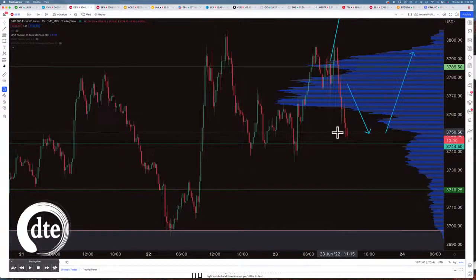And it looked like there was a solid bottom here, but I'm not so sure of that right now. We've just been moving steadily down, down, down, down, fairly strong. I mean, that's strong. So unless there's some kind of reversal, I'm not doing anything.